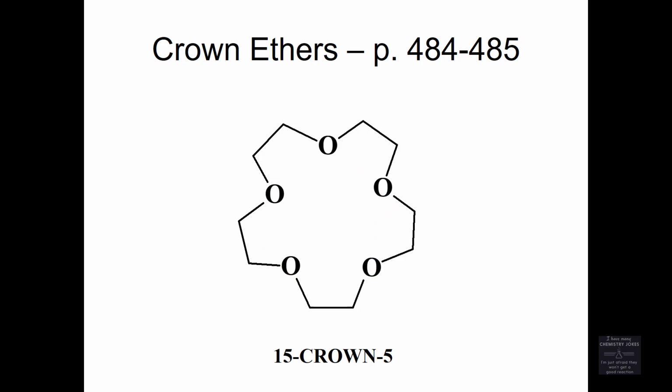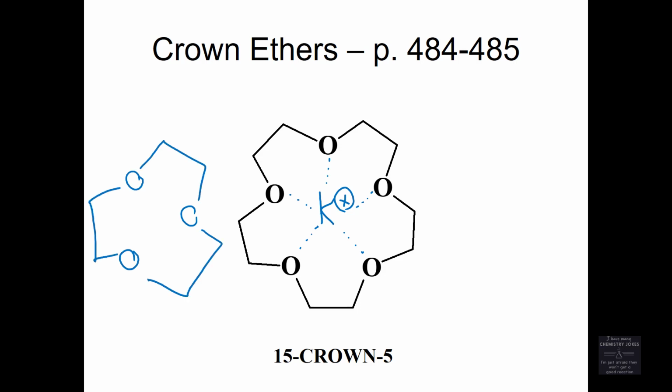Hold on. Ethers are good solvents. Crown ethers, that's this thing, are good to help facilitate other reactions as well. So crown ethers are things like this that have a cavity in the middle of them where you can get interactions between things like a potassium cation and your crown ether. You can have crown ethers of a lot of different sizes, and based on the cavity size, it can bind different sorts of cations.